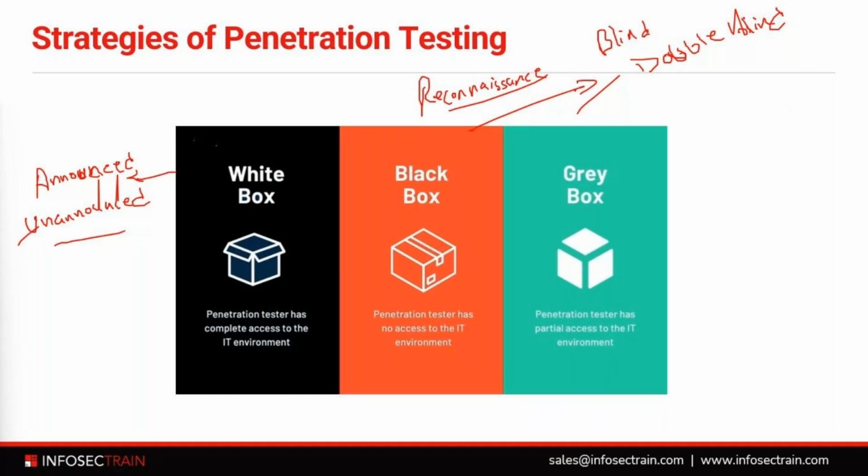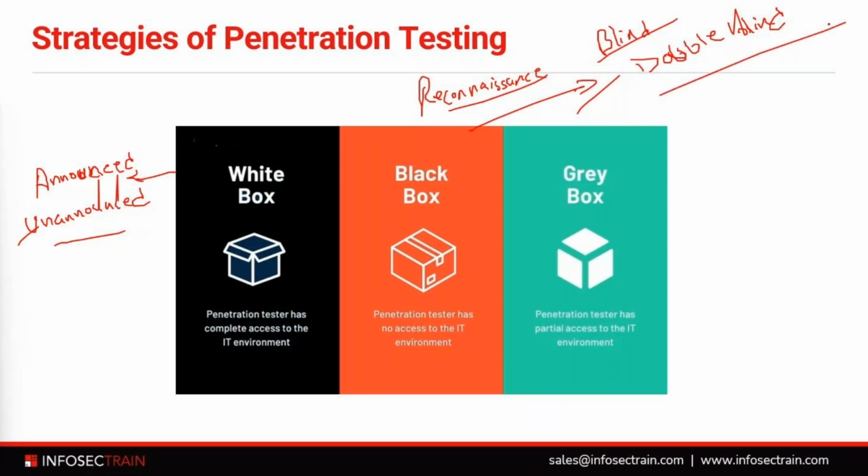Blind black box testing basically simulates the methodologies of a real hacker, right? Limited or no information is provided to the pen testing team, and it is a time consuming and expensive process, right? The normal black box testing, which we call, that is blind.